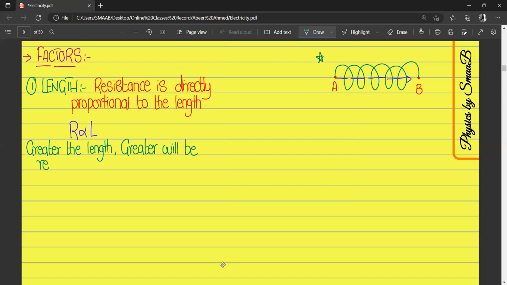So if we increase the length, resistance will also get increased.